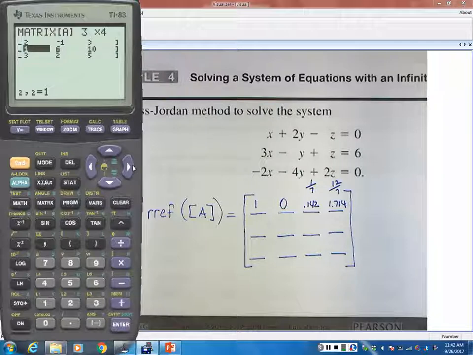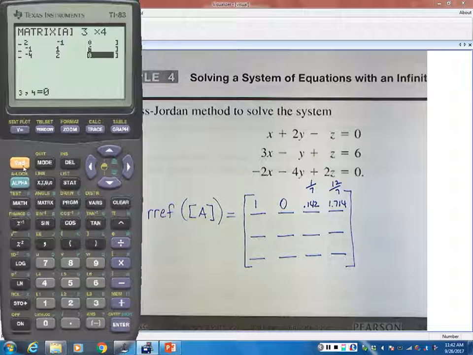Whoa. Something did not work right. 1, 2, -1. That should have been 0. 3, -1, 1, 6, -2, -4, 2, and 0.